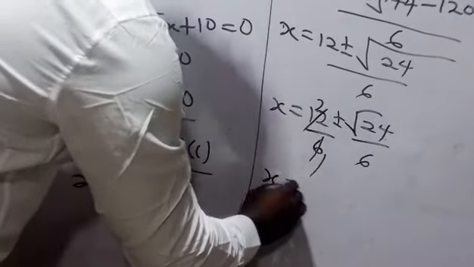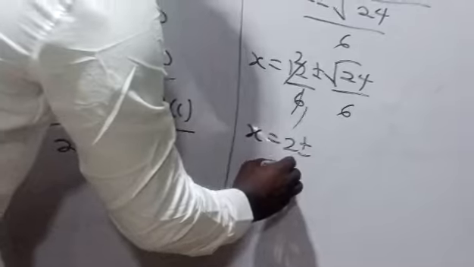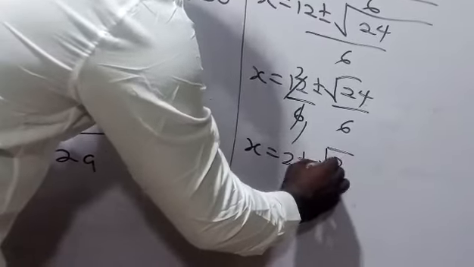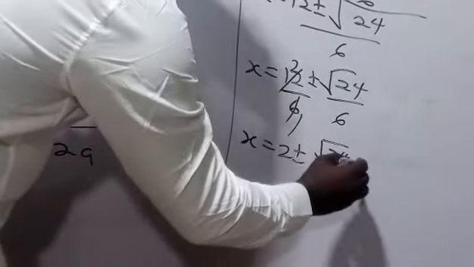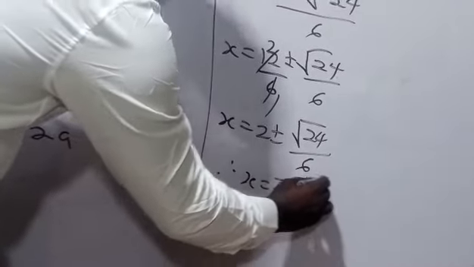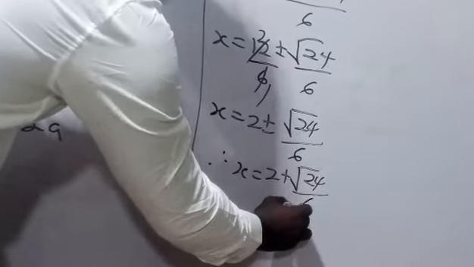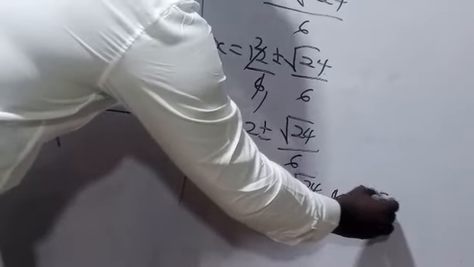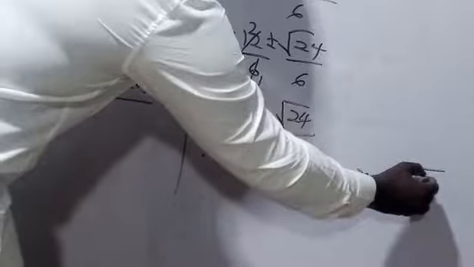So x is now the same thing as 2 plus or minus root 24 over 6, meaning that therefore x is 2 plus root 24 over 6, or x is equals to 2 minus root 24 over 6.